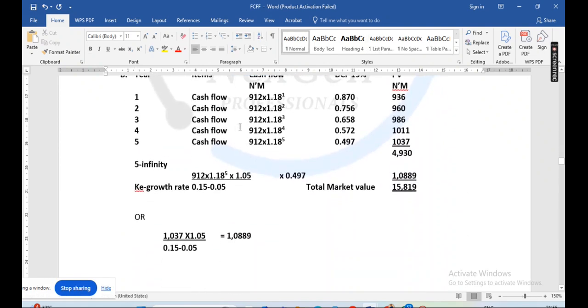So current market value per share is equal to total market value divided by the number of shares.